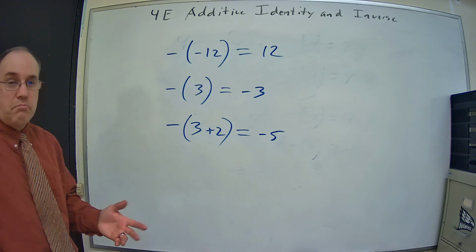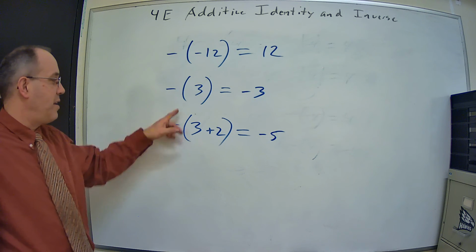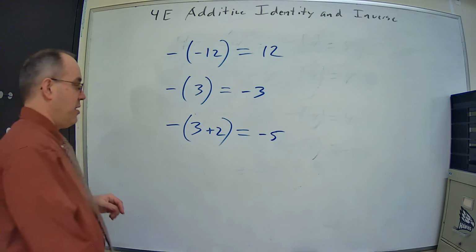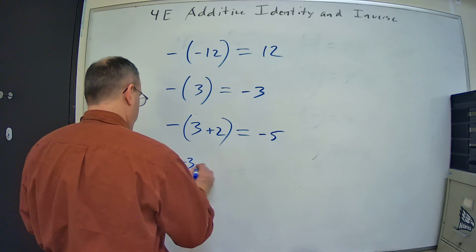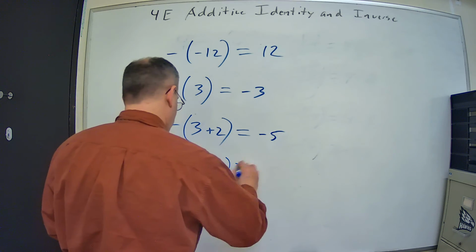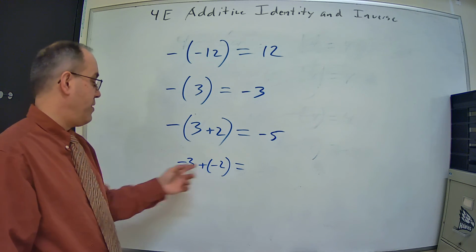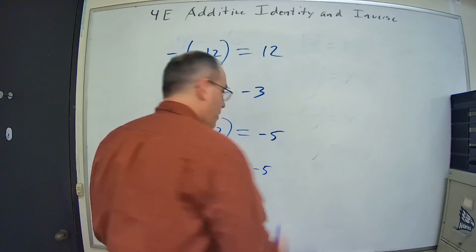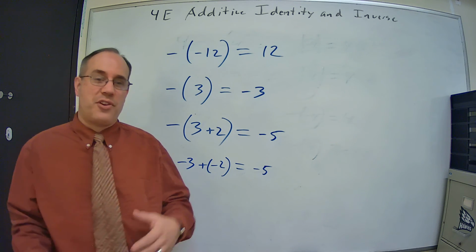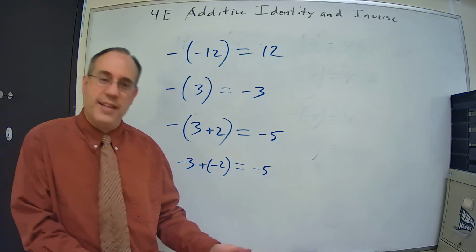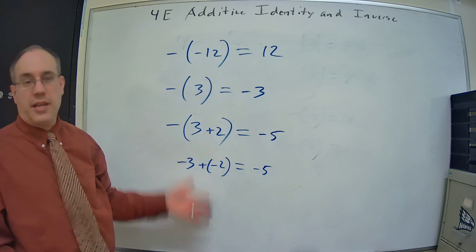Or, we've dealt with the distributive property. Couldn't we distribute that negative? We've got this negative outside the parentheses. So if we use the distributive property, couldn't we say that's negative 3 plus negative 2? Signs are the same, add them, 5, negative 5. So it's pretty cool how these different things come together and you start looking at one thing and go, wait a second, that's just what we did before.